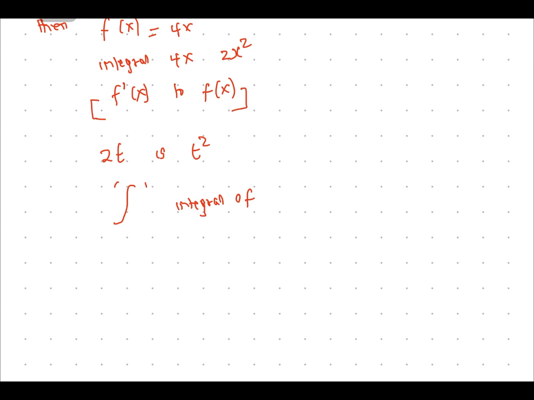Hence, from the above, we can see that the integral of 4x is equal to 2x squared, and the integral of 2t is equal to t squared.